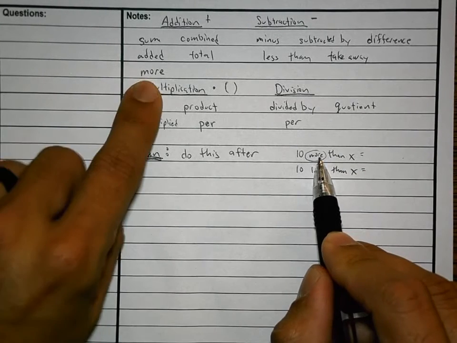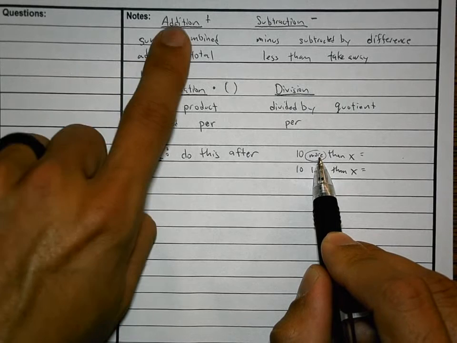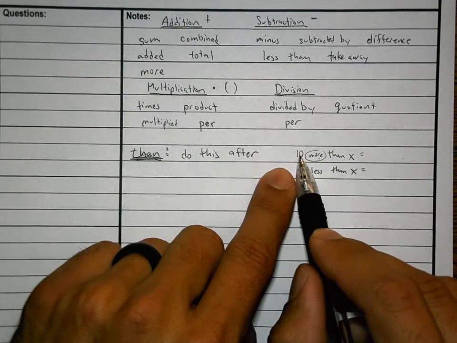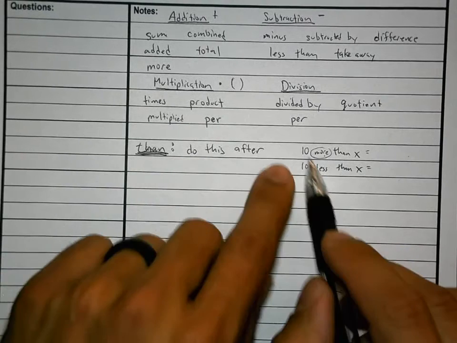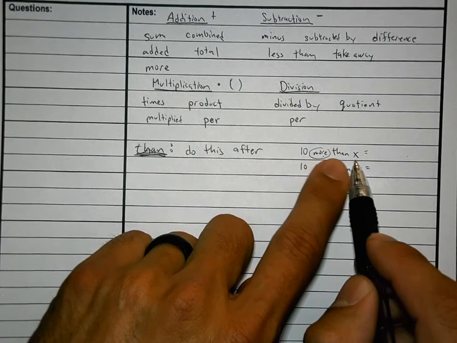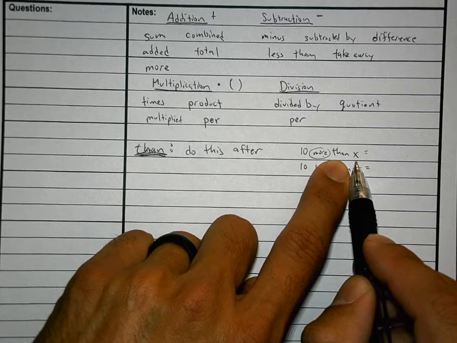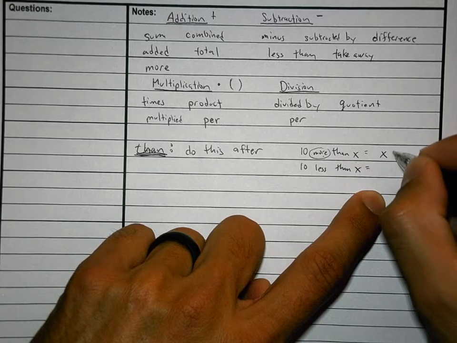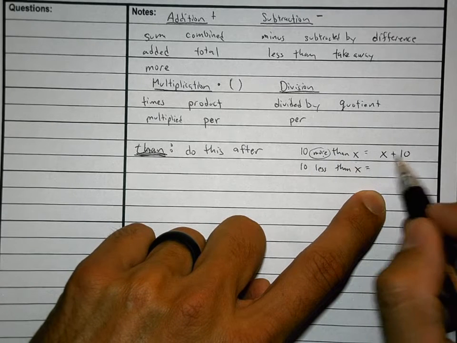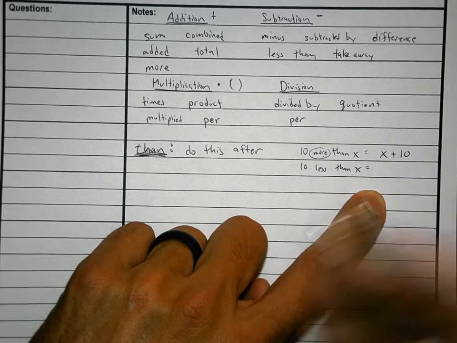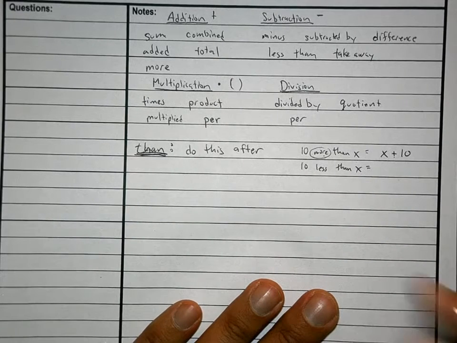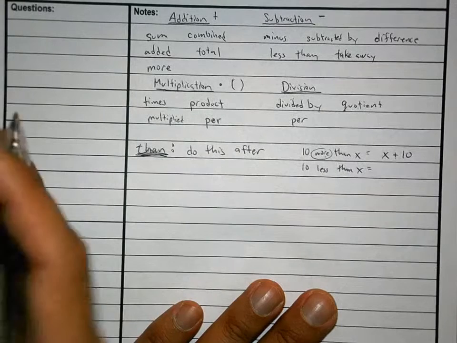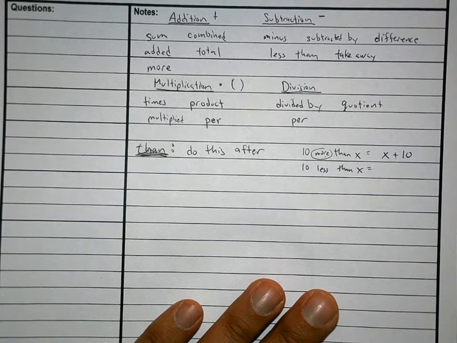Up here, more means that we're going to add. 10 added, do this after. 10 added after, we have an X. X plus 10. It means we add 10 after we have the X. X plus 10. I want you to look at these sentences written like that.